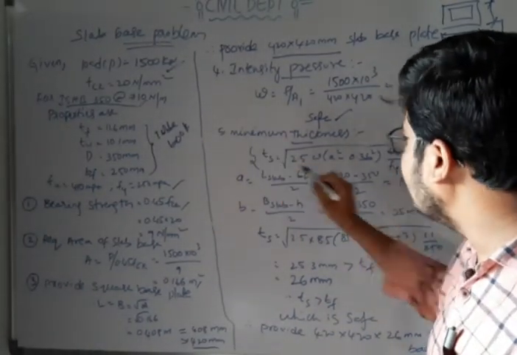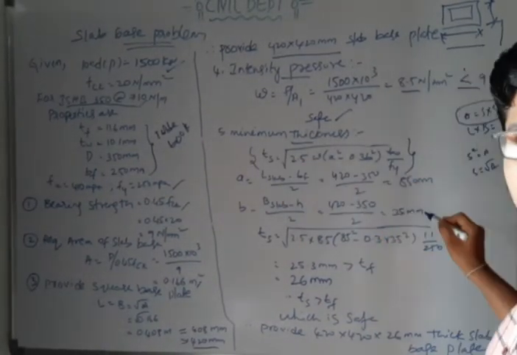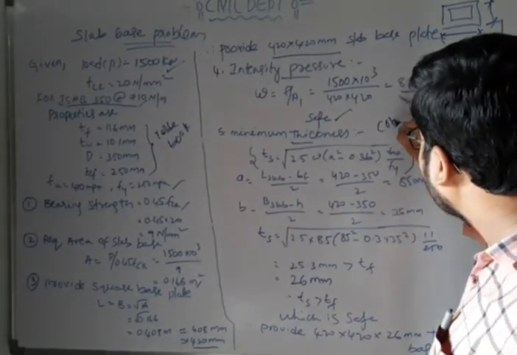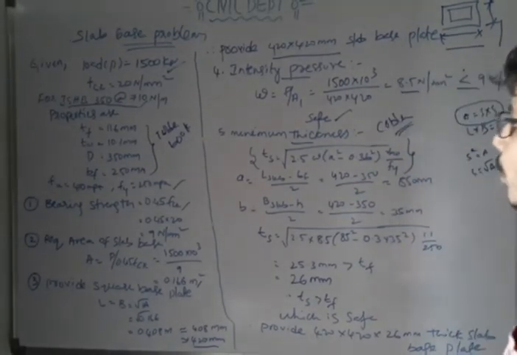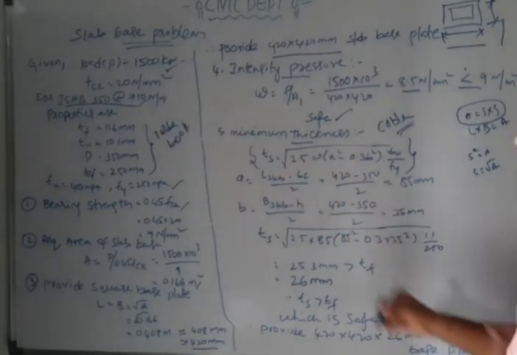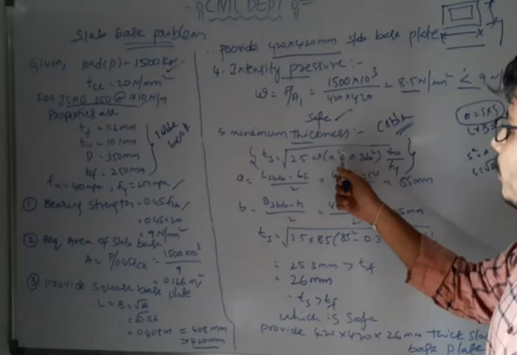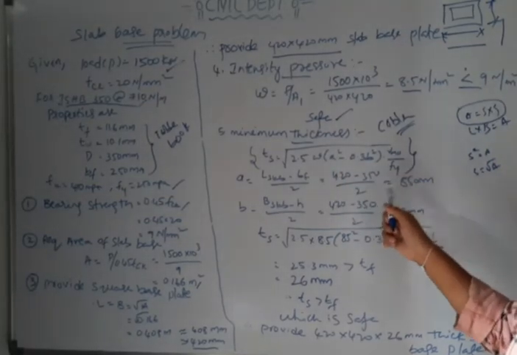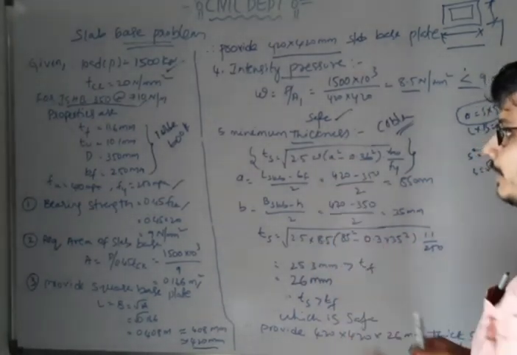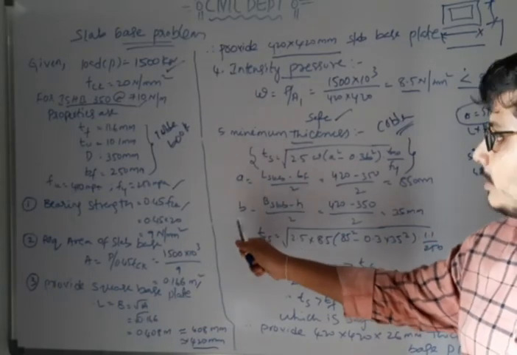Already we know the design procedure for ts. It is in the code book. ts, the thickness of slab base plate, is equal to the root of 2.5 w (a square minus 0.3 b square) gamma m0 by fy. Here a means the larger projection, b the smaller projection.